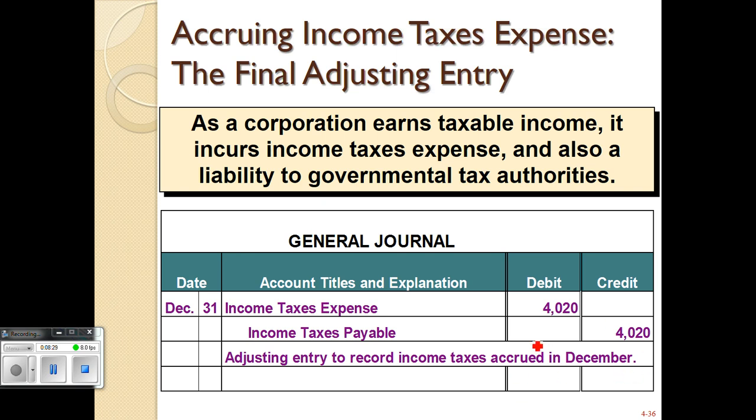So what that means is they have to create a journal entry to record the expense, and that's going to be my income statement item, and to reflect the fact that I owe the government, and that will be my balance sheet item. So I have income tax expense. Keep in mind, expenses are almost always debits, and in this case I've got income taxes payable, which is my balance sheet account.